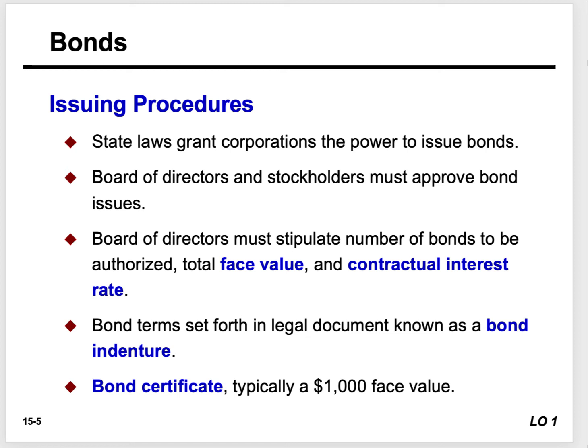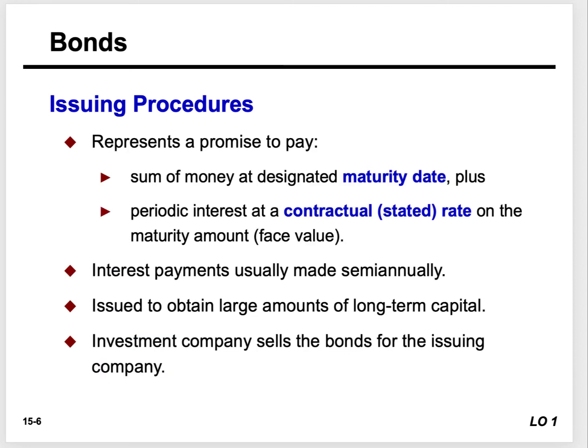Usually it's all registered bonds. So there's no real paper that transfers. I'm going to buy a bond. Well, I'm not going to send you a certificate. I got you on record. You're okay, right? Again, face amount, always going to be about $1,000, okay?